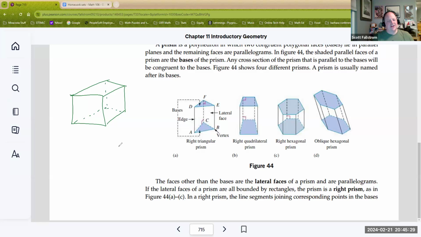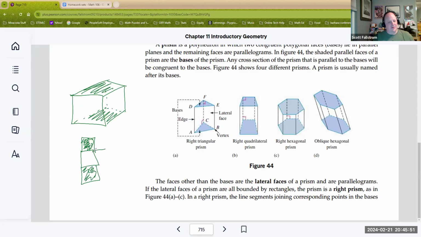There it is. So you can look and say, wait a minute, what's happening here? I have the same shape on top and on bottom. Those are the bases. Then as you unfold the bases, I could pop that up in the air, and then I'd have another shape here and pop the other one down.